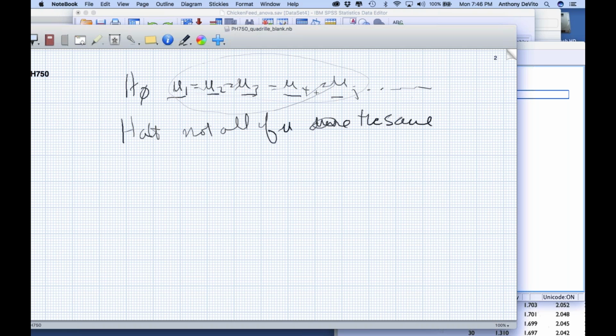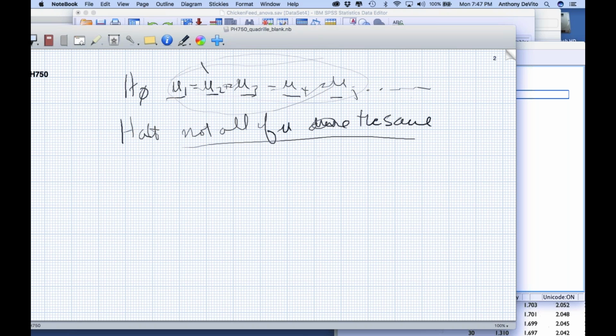Right? At least two of the means are different. I noticed that some of you guys already started working on this on homework, and you were pretty much understanding this, I think. So at any rate, that's the deal here. So in this case, we could reject the null hypothesis and accept the alternative hypothesis.